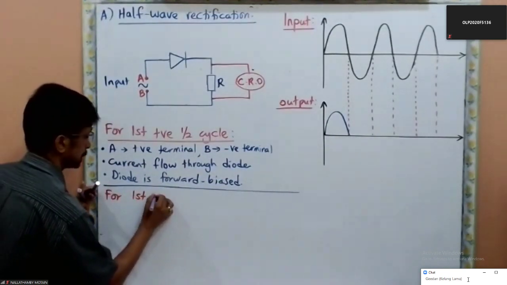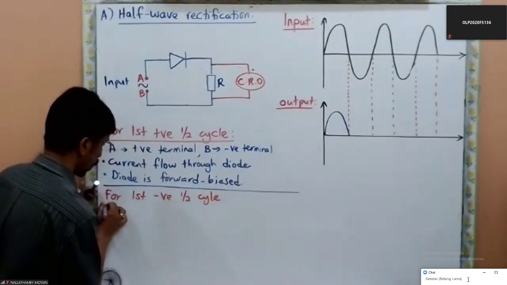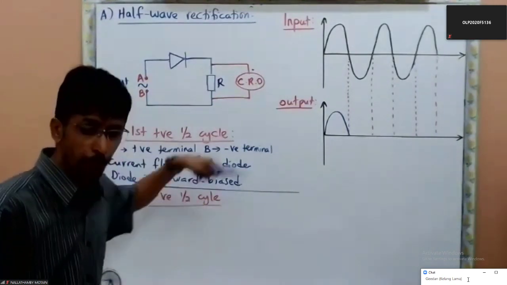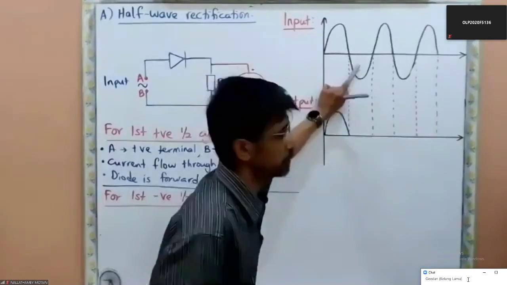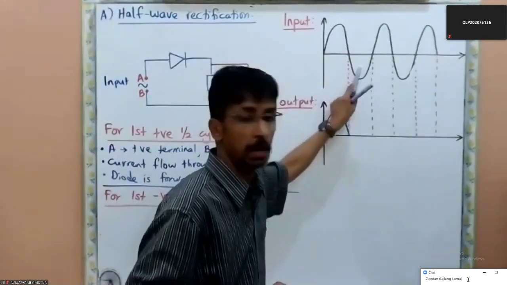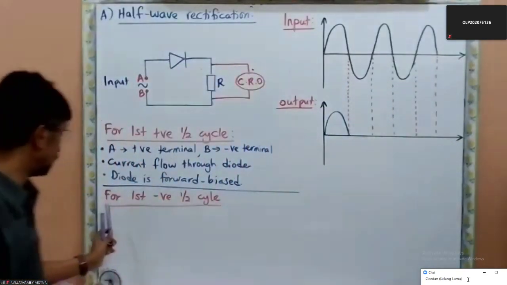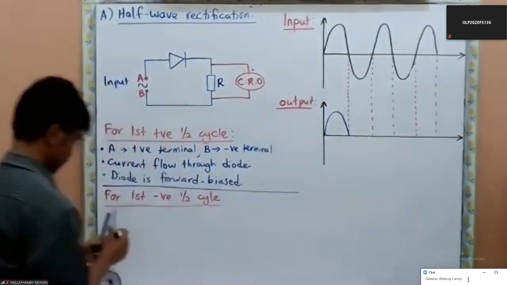You don't have to write first positive half cycle; you can just write first half cycle, second half cycle. That's enough. The rest will be repeating. So now we come to the first negative half cycle.